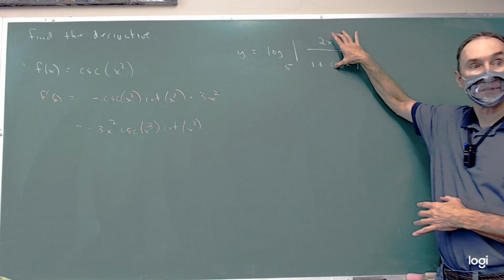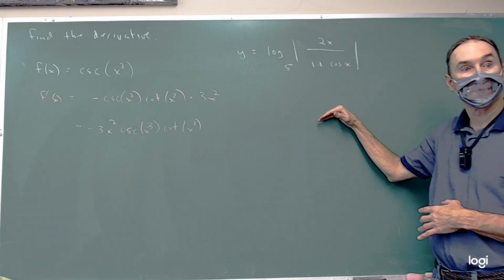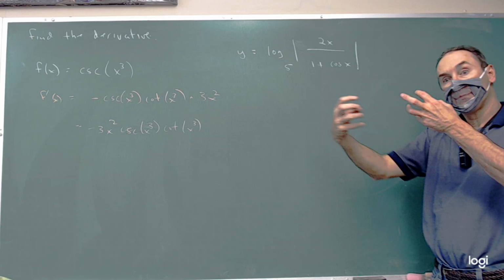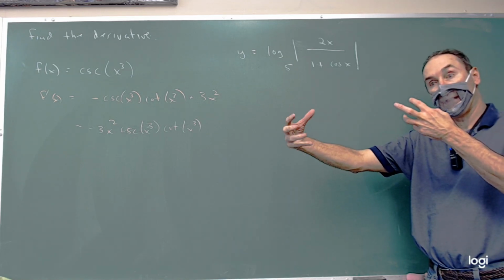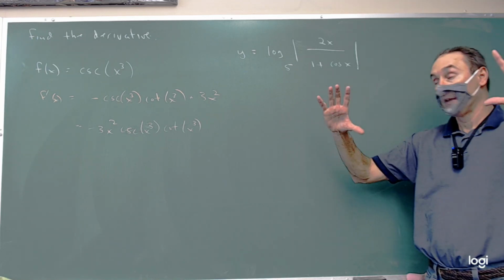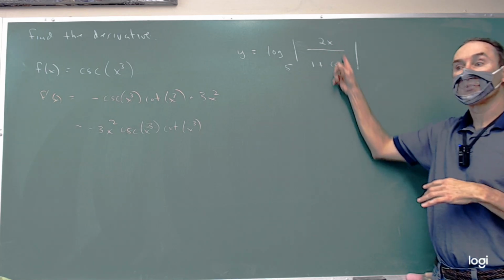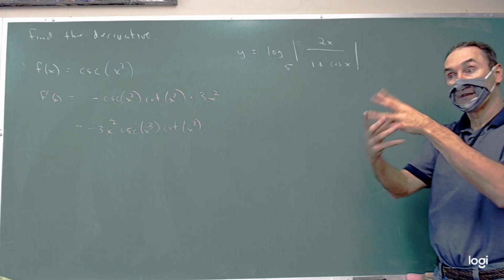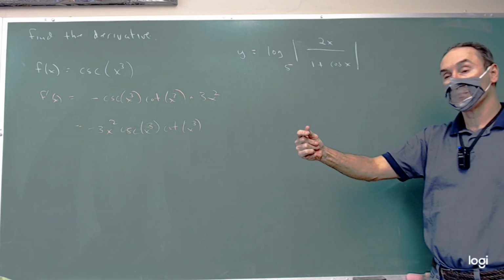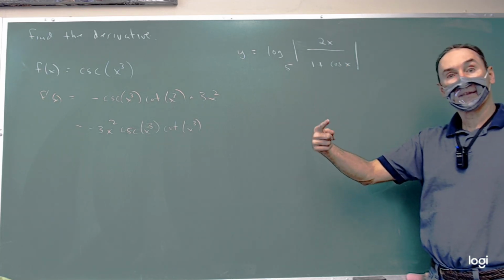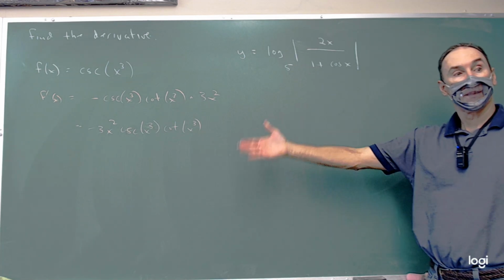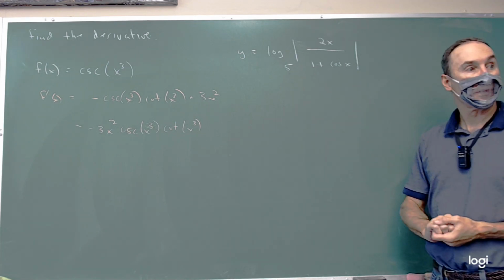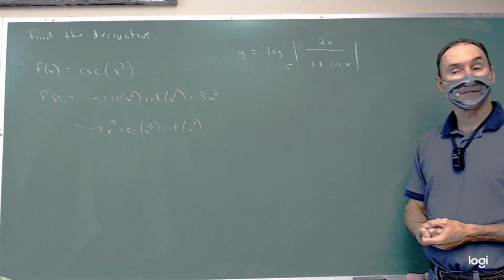So it's natural log of this over natural log 5. You can think of pulling that 1 over natural log 5 out as a constant. Then it might be a good idea to use your property of logarithms on the division and split that into 2 separate logarithms, and then take their derivatives, and then bring back the 1 over natural log 5.